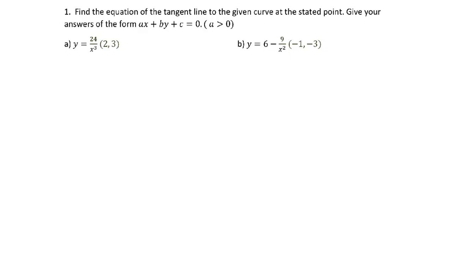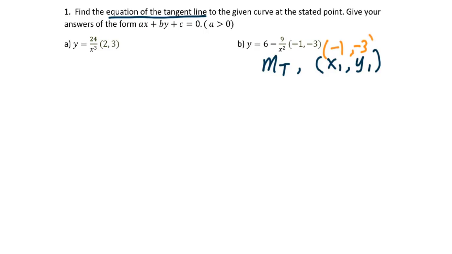Now let's go to B. Still, we need to figure out the equation of a tangent line. That means I need a slope of a tangent line and also x1, y1. You are given x1, y1, that is negative 1, negative 3. So you need to figure out the slope of a tangent line. You need to get the derivative function first. Before you do that, you have to change the original function into a single power.